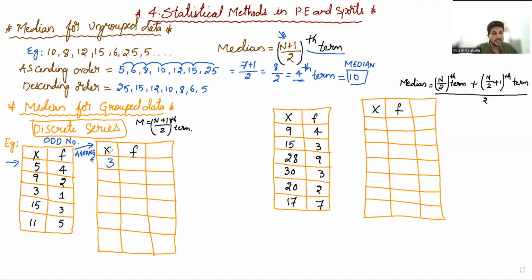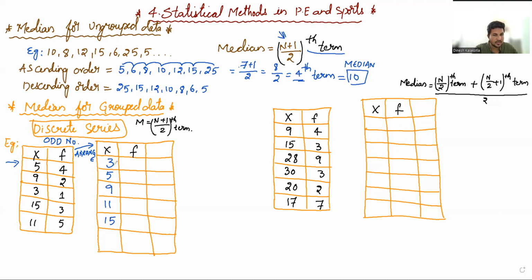Arrange the data in ascending or descending order. Now 3, then what is next? 5. And what is next? 9. And then 11, and then 15.